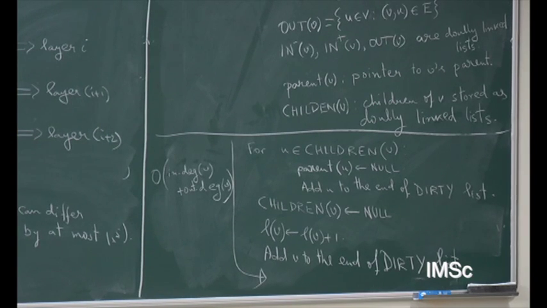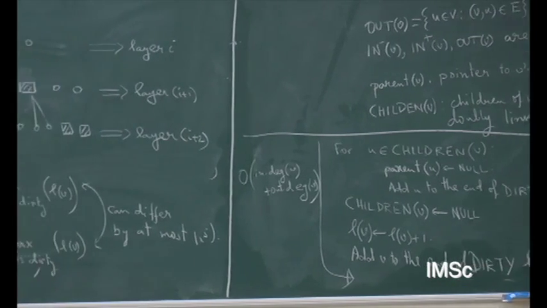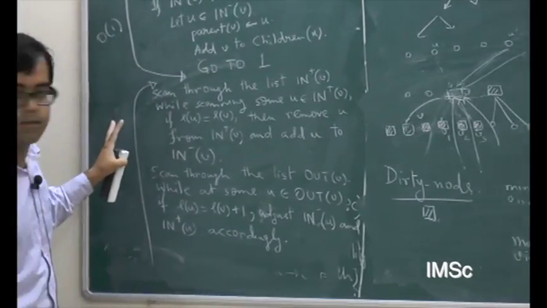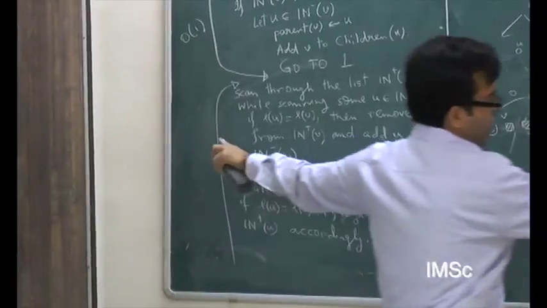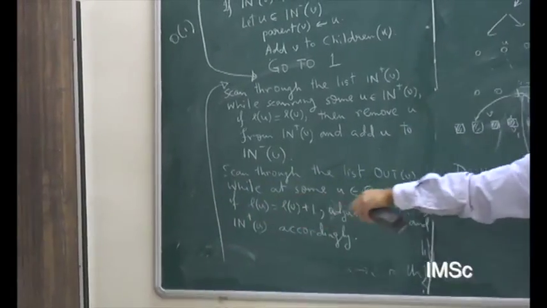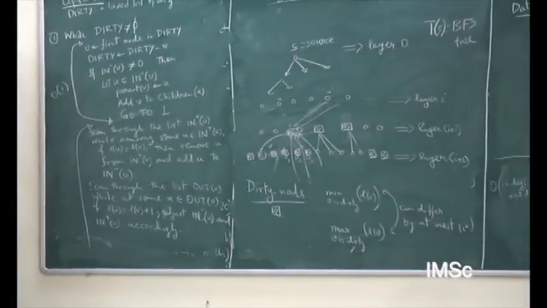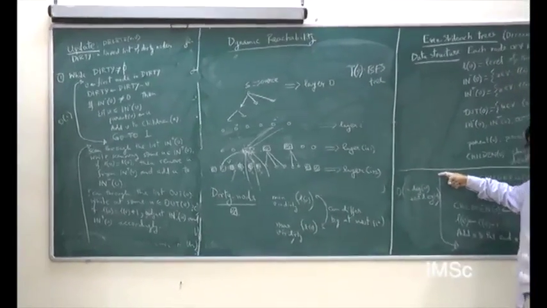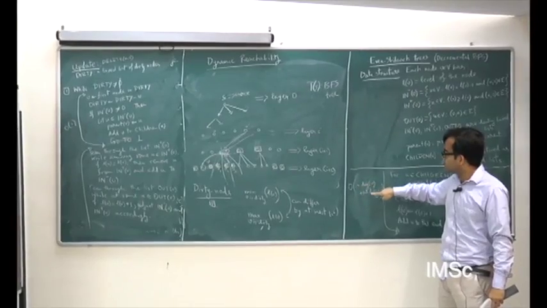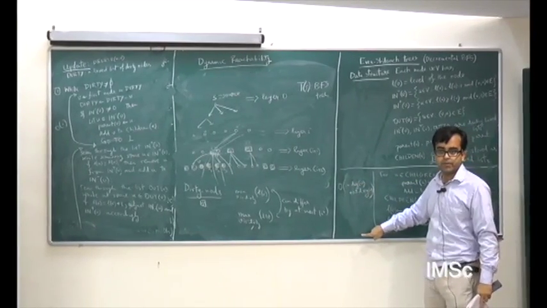So let us now, if we want to analyze the total update time over m deletions, just analyze the update times for these two parts separately. Each time you are running into this part of this while loop, you are spending time proportional to the degree, but for each of those edges, one of its endpoints is going down.